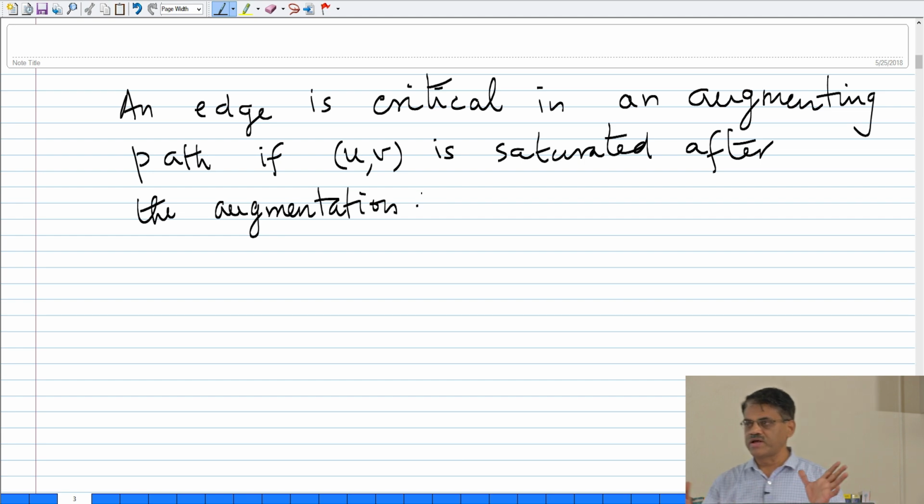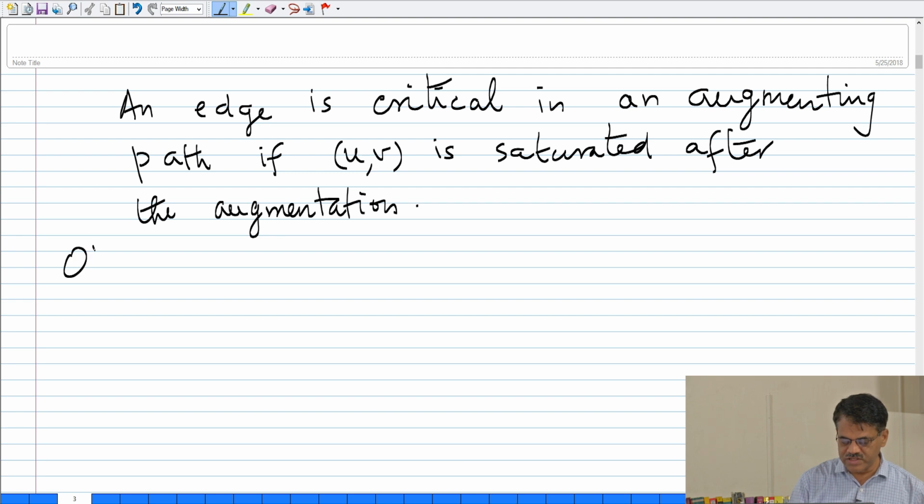In my graph, I call an edge, typically an edge in the residual network, a critical edge if, in the augmenting path, the shortest augmenting path you are trying to find, this edge after augmentation is no longer in the residual network. You have saturated the flow.